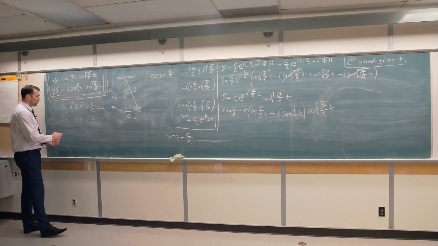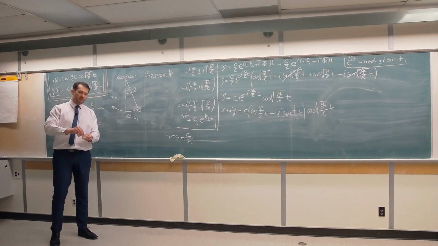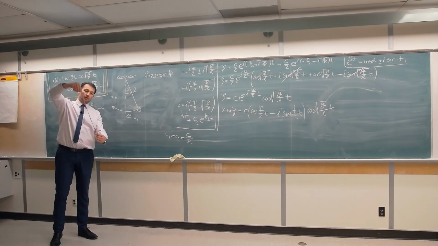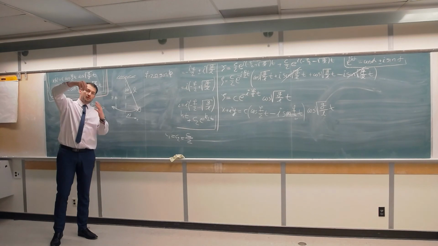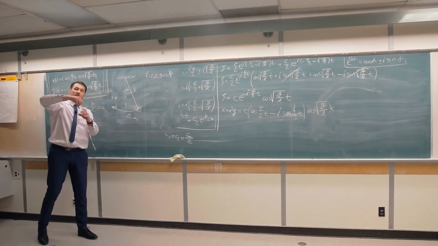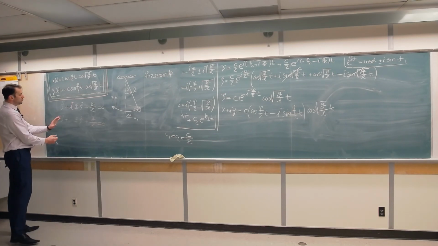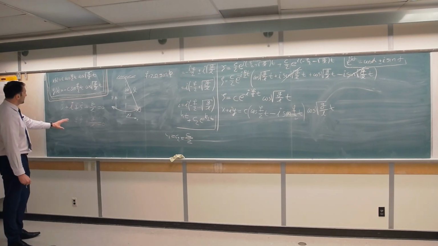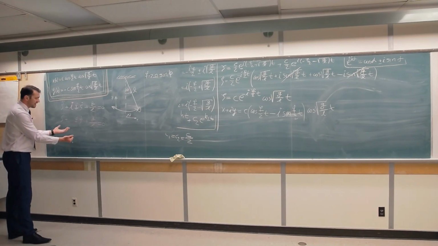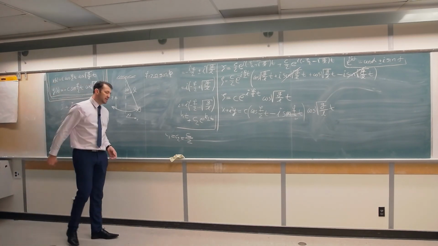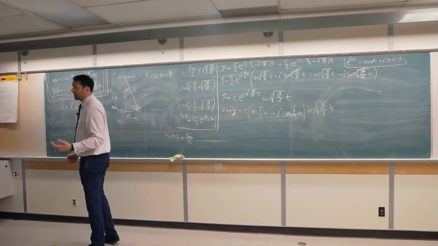But if you have a spring, or you have this one, and the air friction is affecting it, you will have damping, and that damping will look like that without this i. So you can see that two equations that look almost the same have completely different applications or implications.